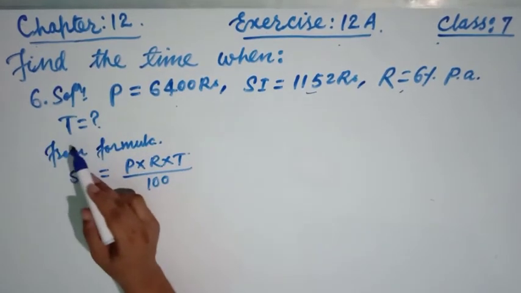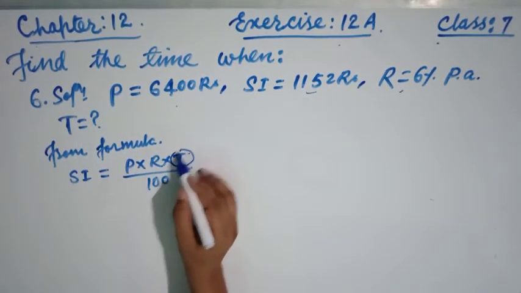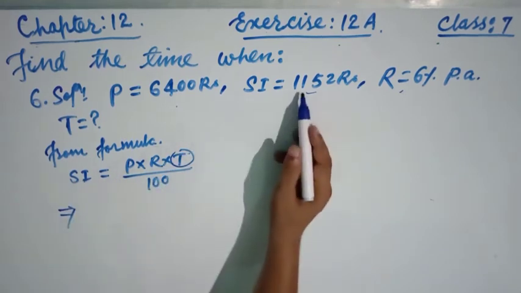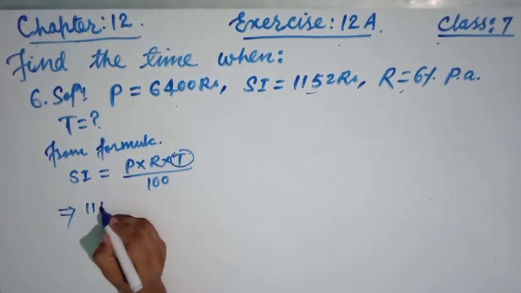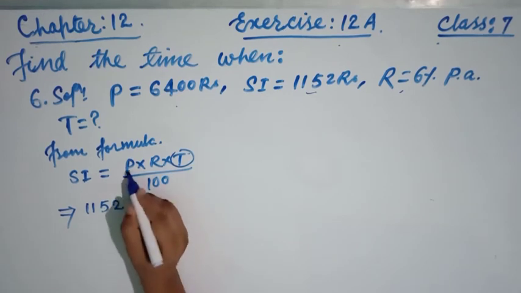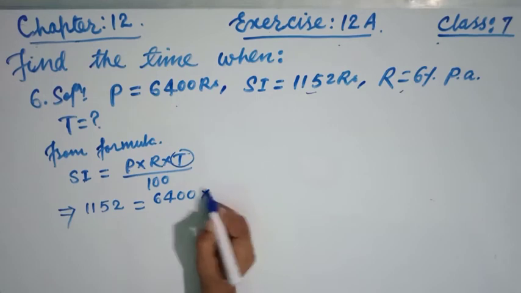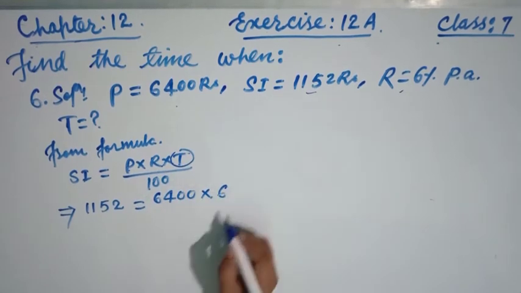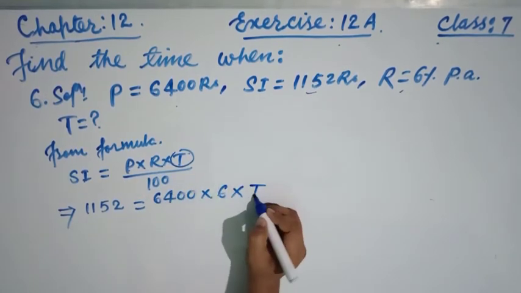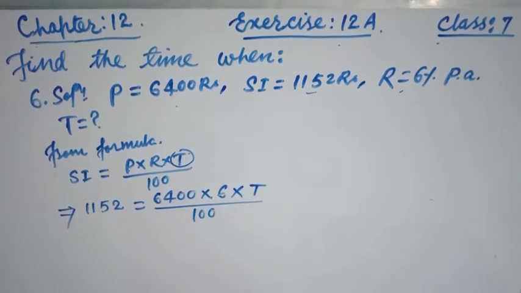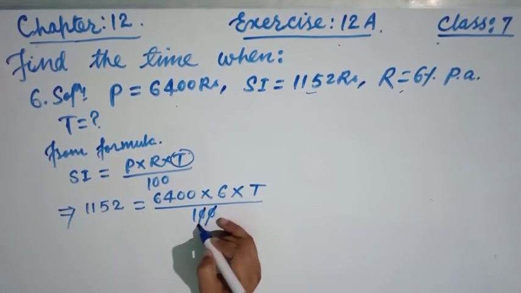Then we can easily find this T, friends, after replacing SI as 1152. Instead of P, this is 6400. Now instead of R, this is 6%, and T as it is. Now because we have to find T, the 100 and the two zeros will get cancelled.